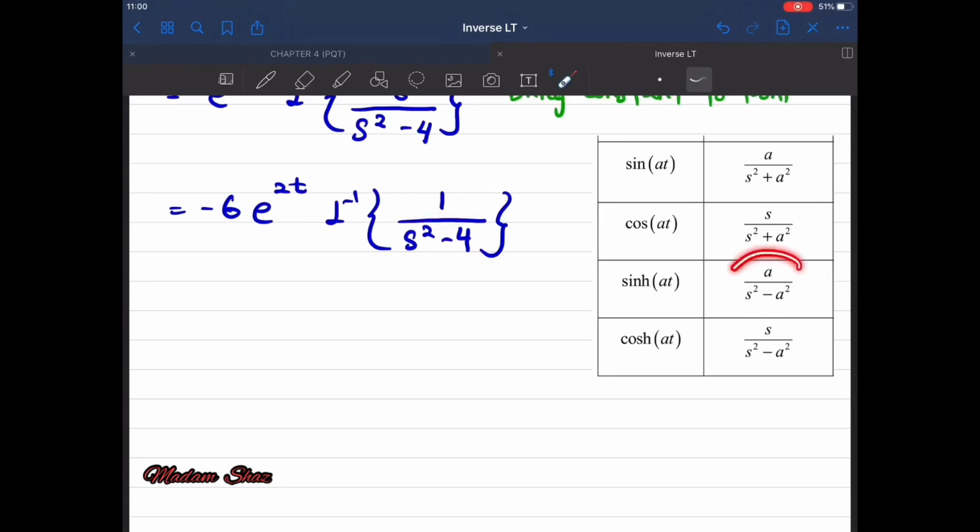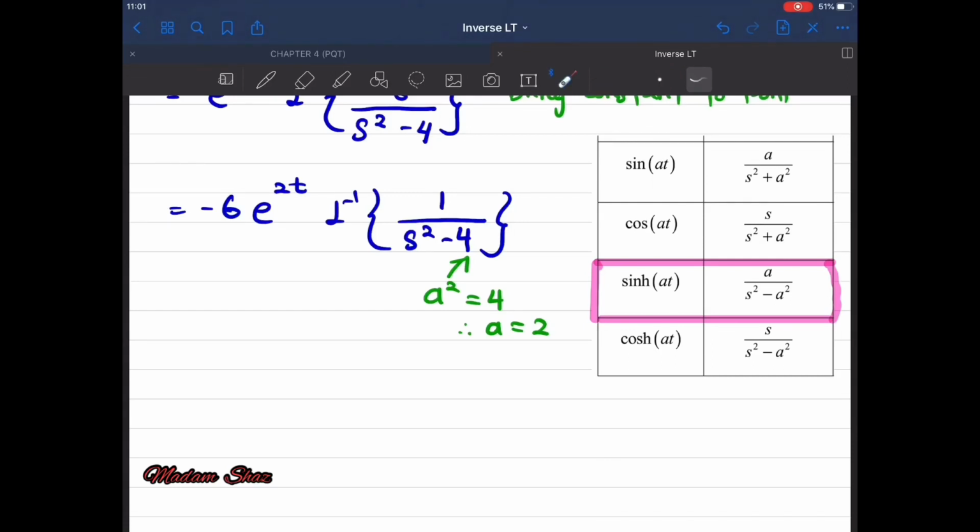The suitable one is a over s squared minus a squared, which will become sinh of at. So now we have to determine the value of a from a squared. From here, a squared is equal to 4. Therefore our a is equal to 2. We only consider the positive value.